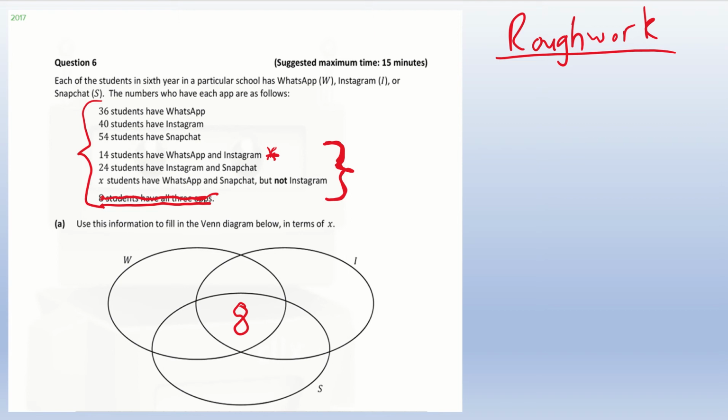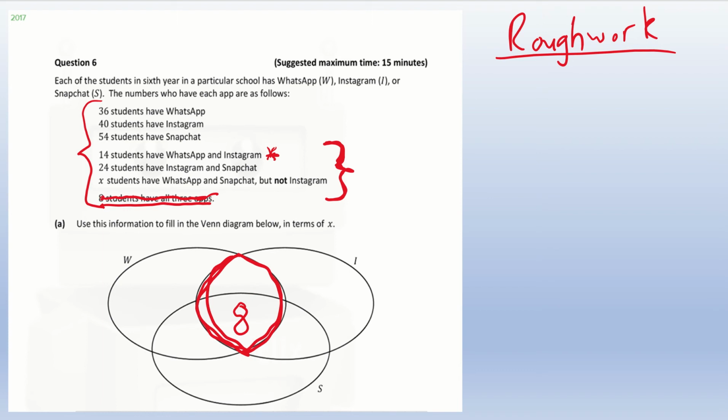First of all, I'm going to go to my diagram and highlight the area of the Venn diagram that they're actually talking about. So WhatsApp and Instagram is going to be this part here. This is where the WhatsApp group and the Instagram group overlap.